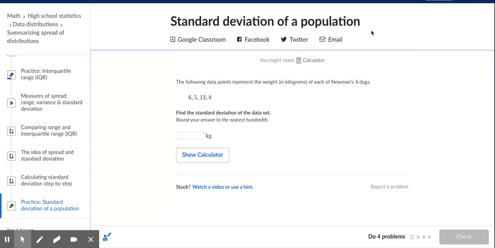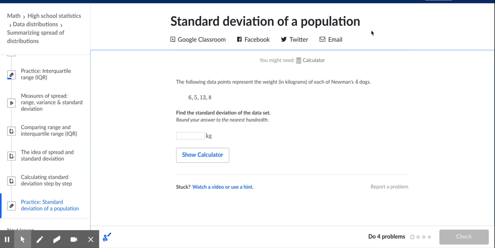We can consider something an outlier if it's more than 3 standard deviations away from the mean, is usually how we define it. And those outliers can skew the standard deviation.